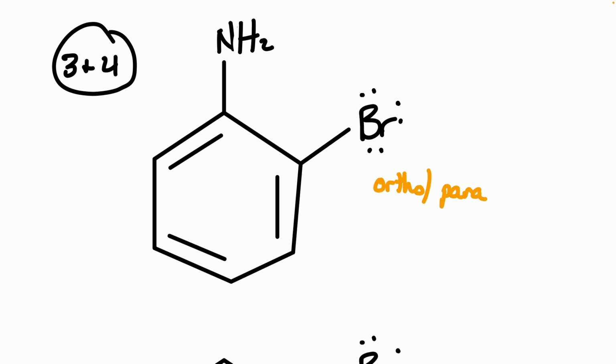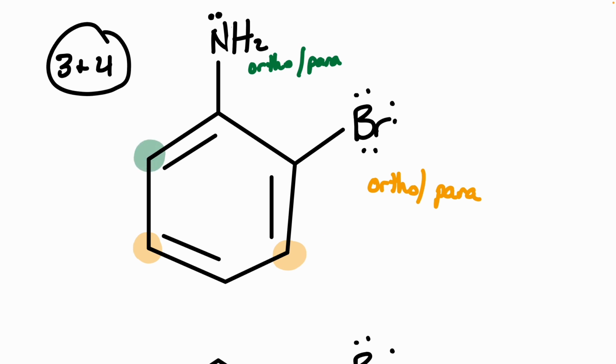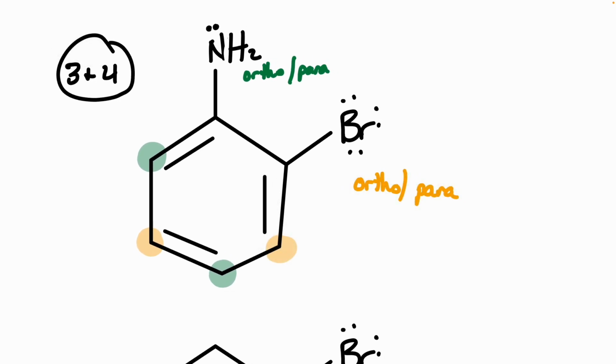So bromine wants to put this incoming chlorine either on its ortho position or its para position. All right, but what is an amine with its lone pair right next to the ring? Also ortho-para. So it wants to direct to the positions that are ortho and para to the amine nitrogen. All right, so now we got a conflict here.